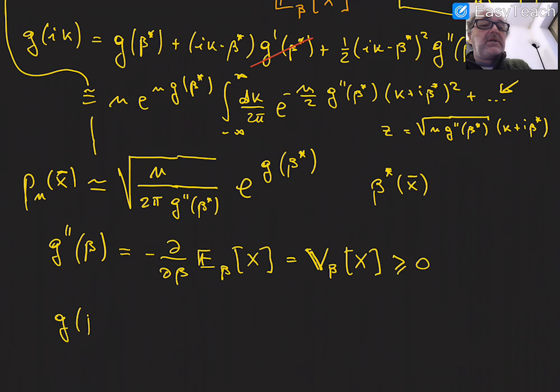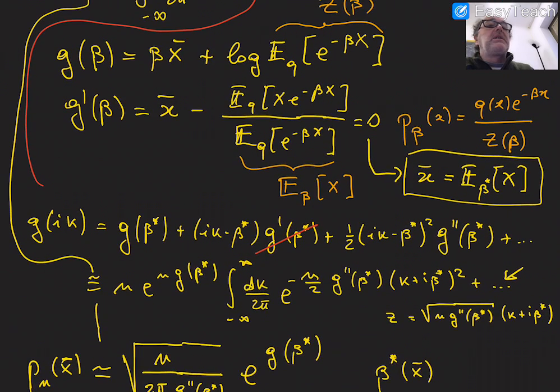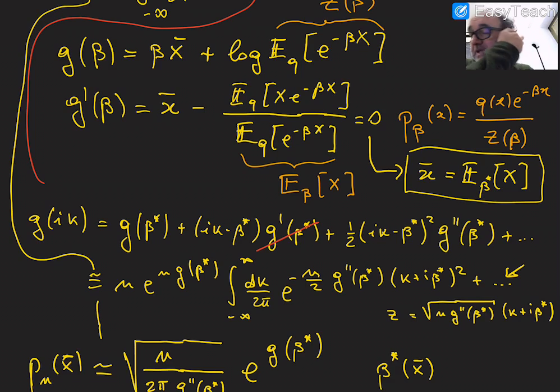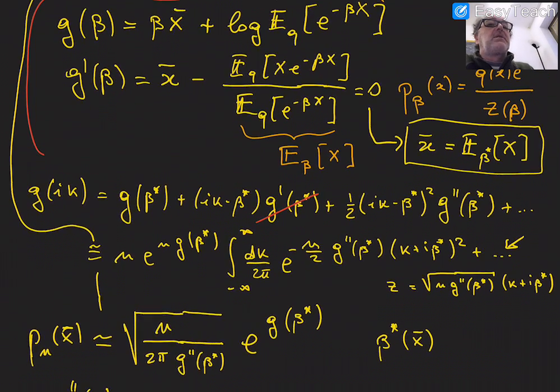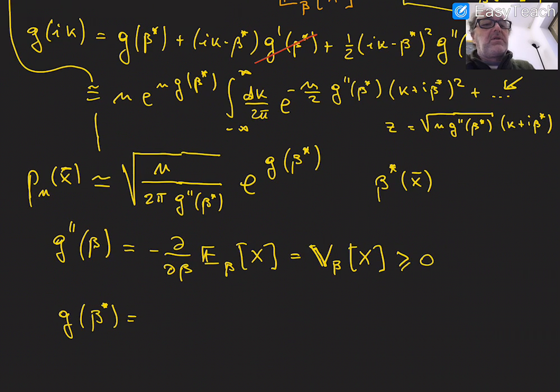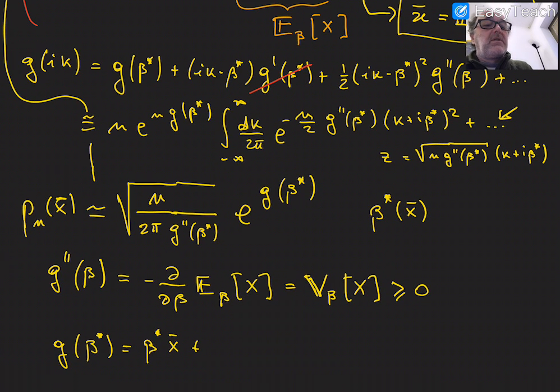So g of beta star is equal to, well, we can take this equation here, and so the equation is equal to beta star times x bar plus the log of Z of beta.